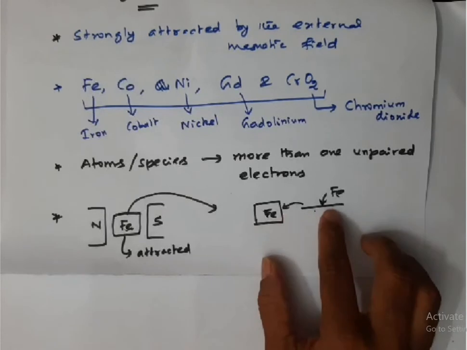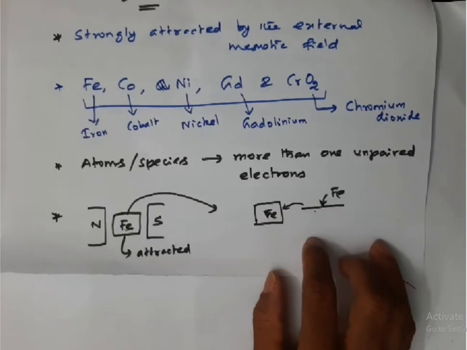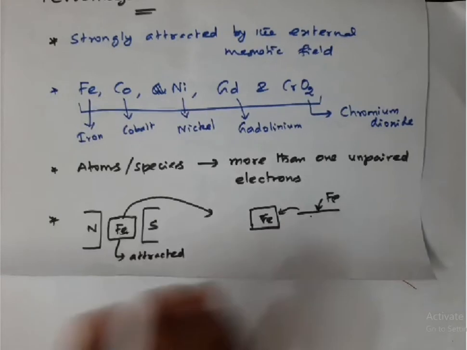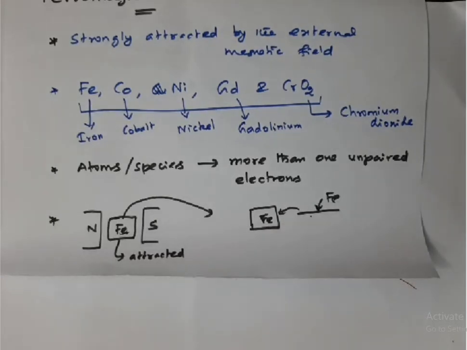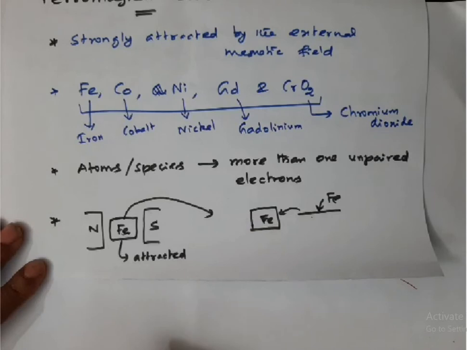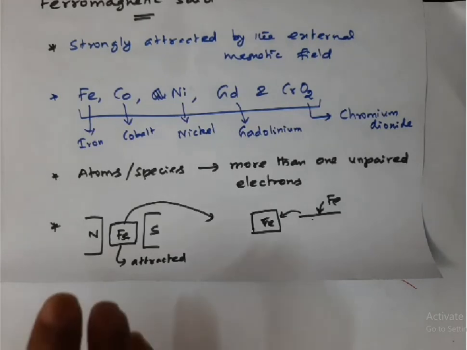If you bring any iron needle close to it, the needle gets attracted by this piece of iron. Then slowly the magnetic character will disappear. So this is one important property of ferromagnetic solids.